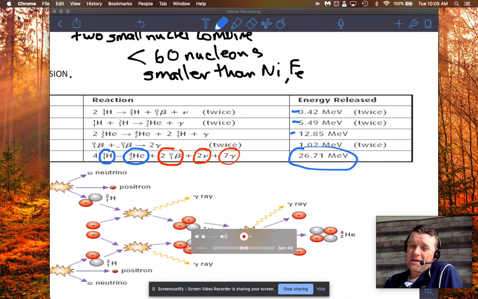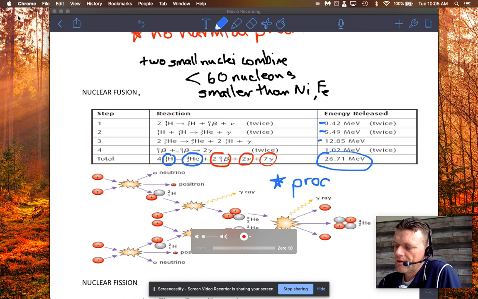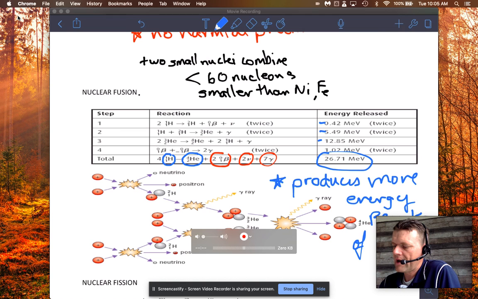That may not seem like a lot, and it's not, but obviously if you do this with huge amounts of hydrogen, you can get a massive amount of energy released. And what's worth noting here is fusion, let's maybe write it right here, it produces more energy per kilogram, or per unit of mass, per kilogram of reactant. Okay.